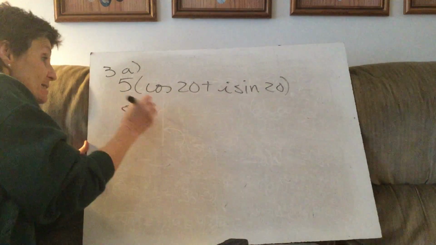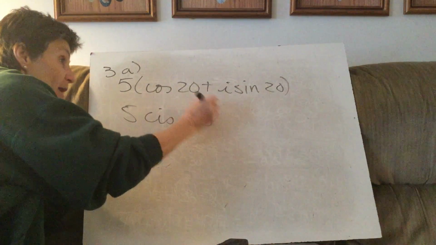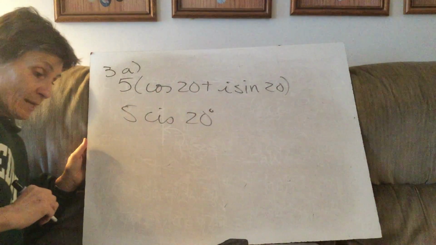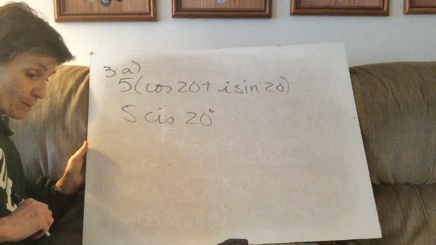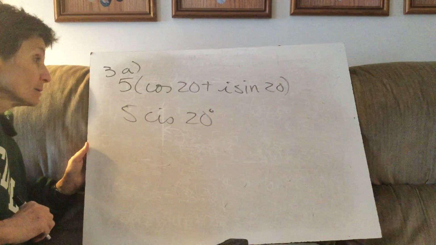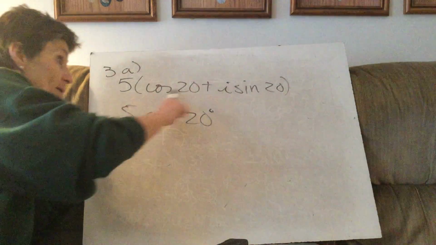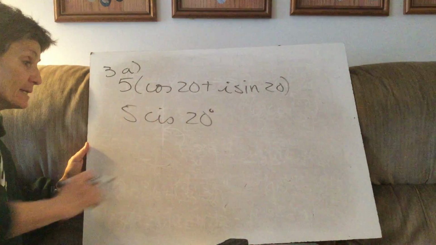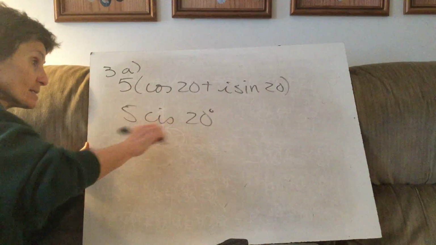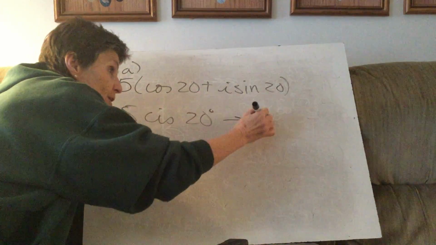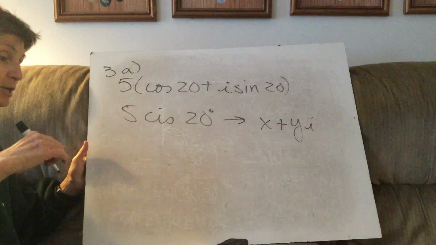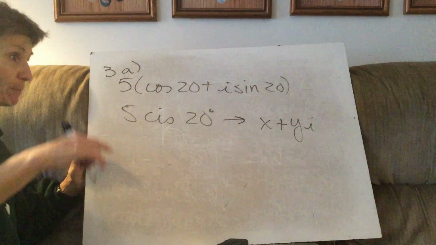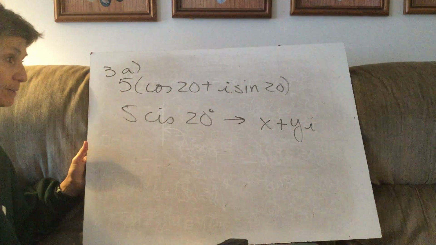But remember, that means the same as this, so you're not going to be confused if you see it in short form. The problem can be written in long form or short form, doesn't make any difference. Now this is the polar, and we're going to change it to rectangular, so it looks like the numbers in our last section.